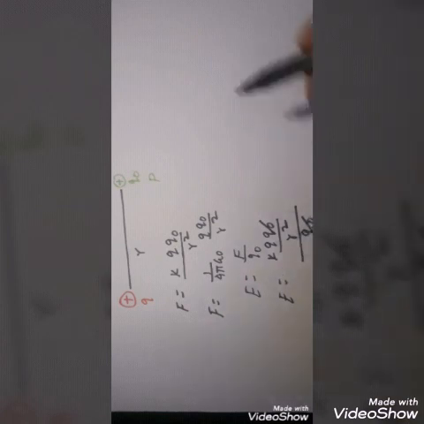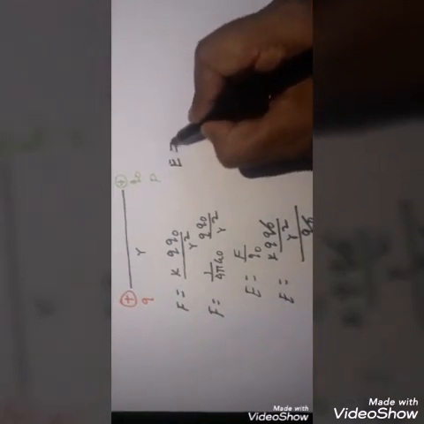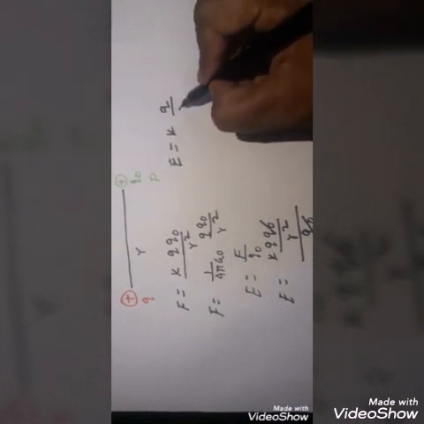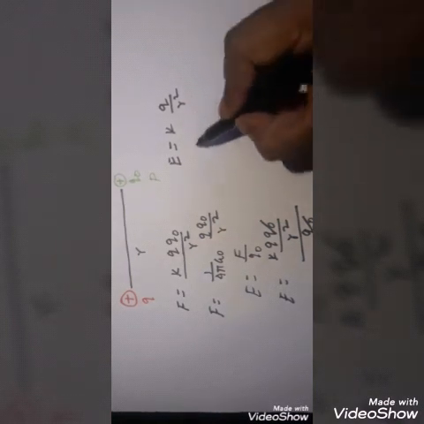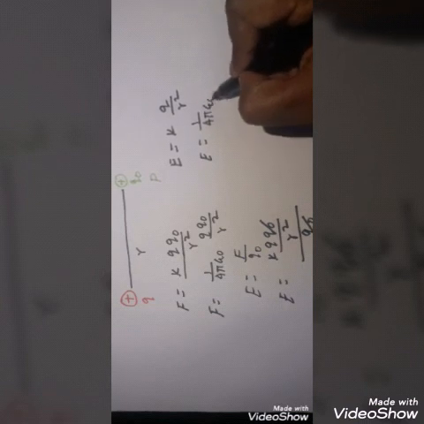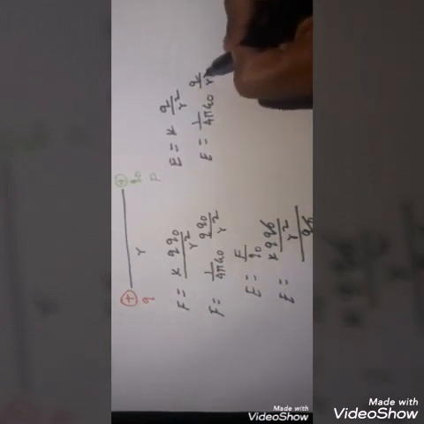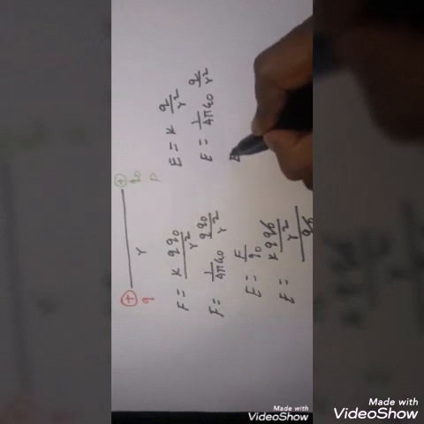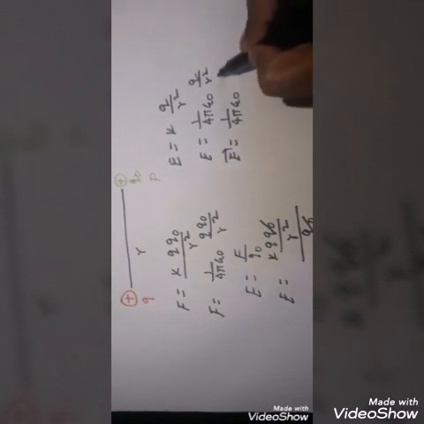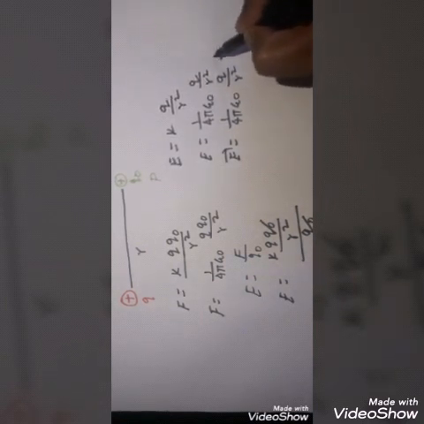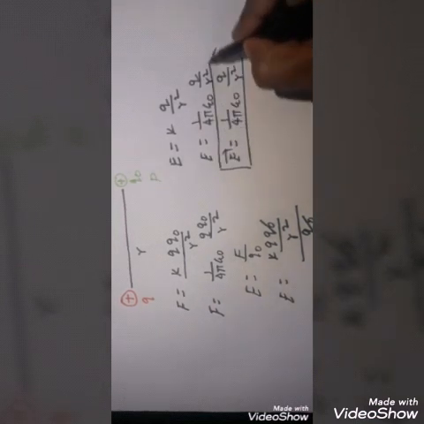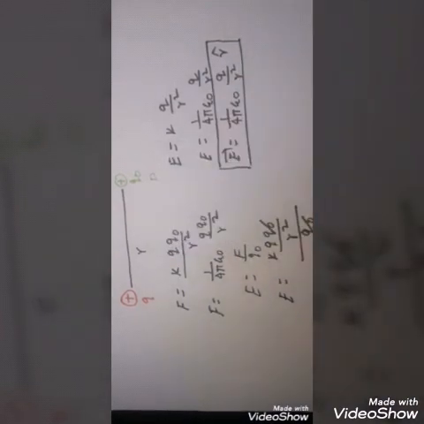Finally, E is equal to K Q by R square, where K is 1 by 4 pi epsilon naught. Applying the vector term, E vector is equal to 1 by 4 pi epsilon naught Q by R square R cap. This is the electric field present here.